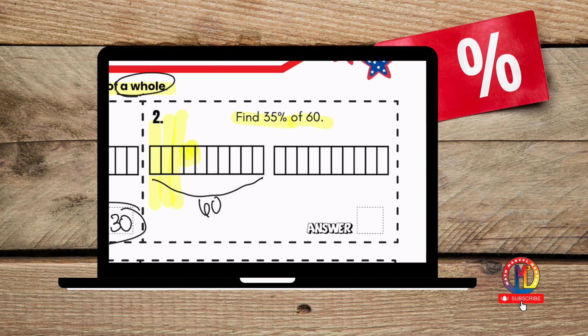So let's think, if the whole amount is 60 and I have 10 bars, 60 divided by 10 would mean how much do I have in each bar? I would have 6. So I have 6 in each bar, and that is showing me my whole amount. 6 times 10 is 60, and the whole bar is representing percentages out of 100.